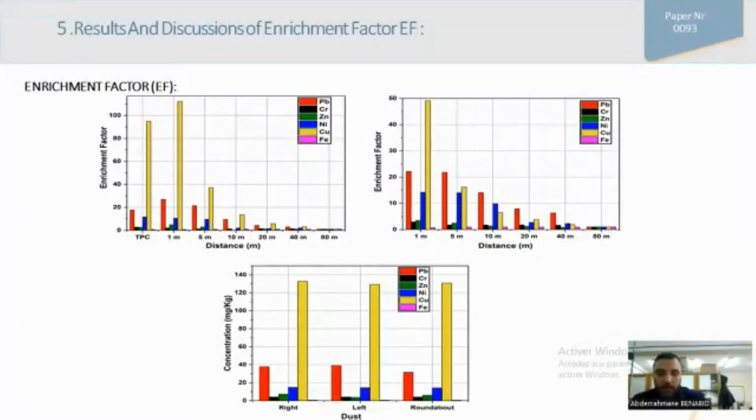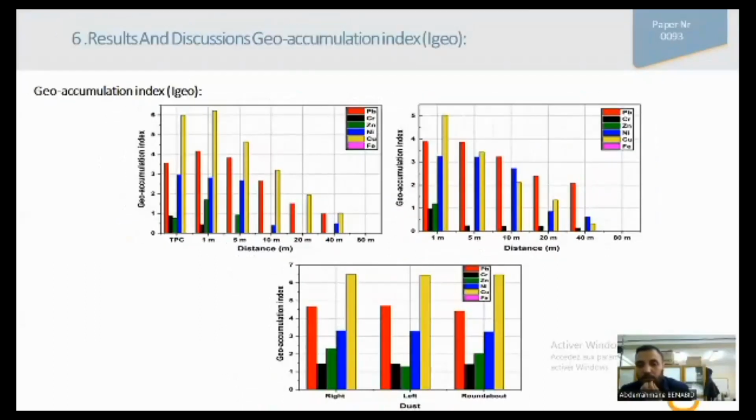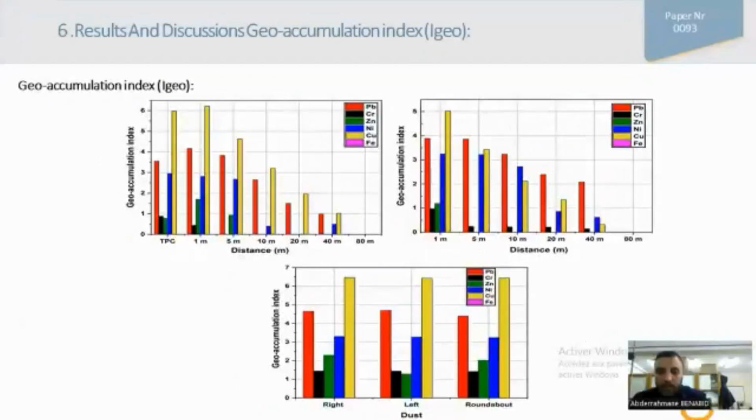For the AGO in soils, lead and copper show levels at TPC 1 meter to 5 meters ranging from highly contaminated to highly to extremely contaminated, from moderately to highly contaminated for distances of 10 meters, 20 meters, 40 meters, and not contaminated to not to moderately contaminated at 80 meters.